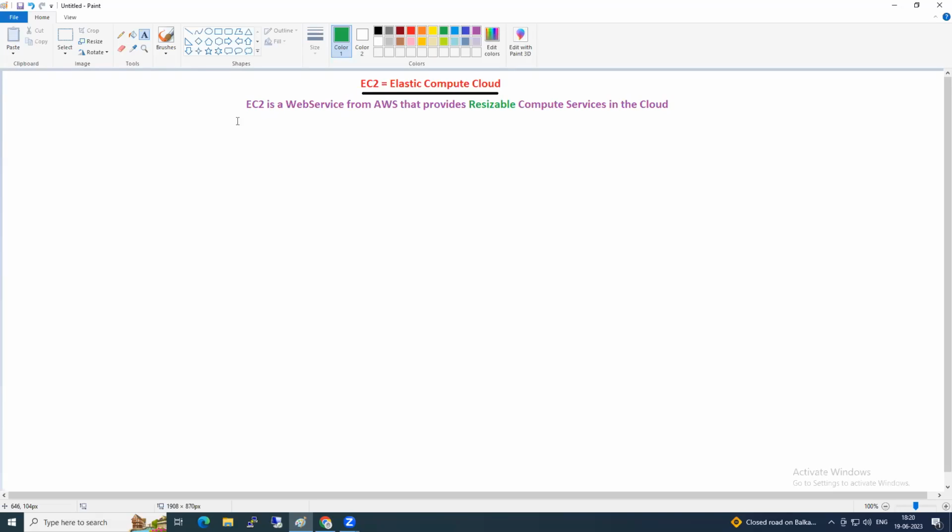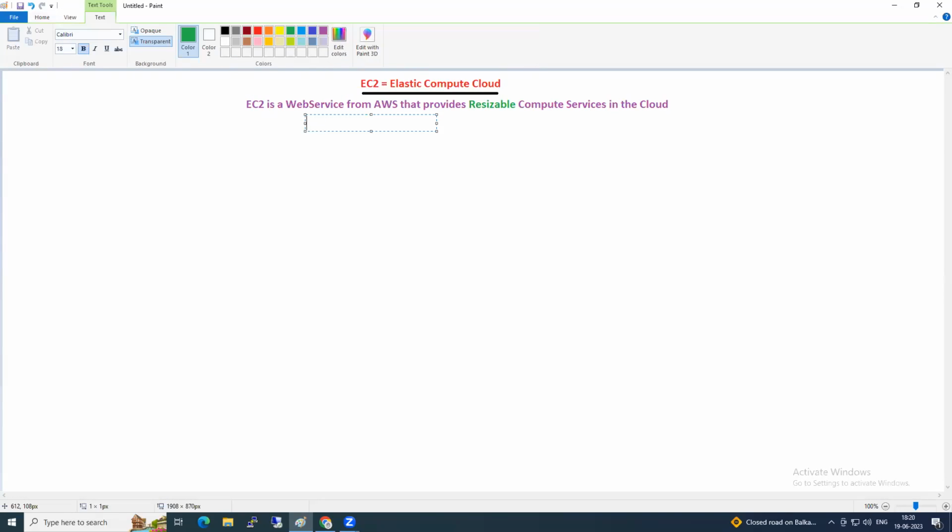So here resizable, I'll write here, resizable is equal to scale out and scale in. You can do it. And scale up and scale down.